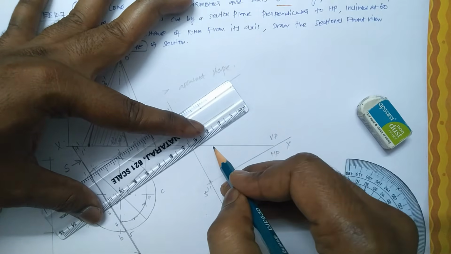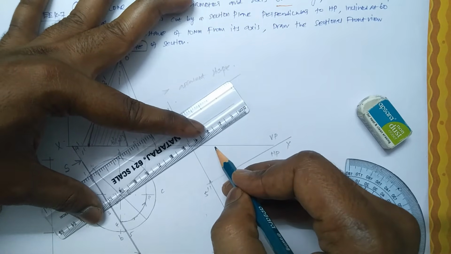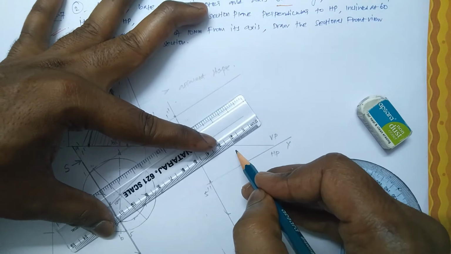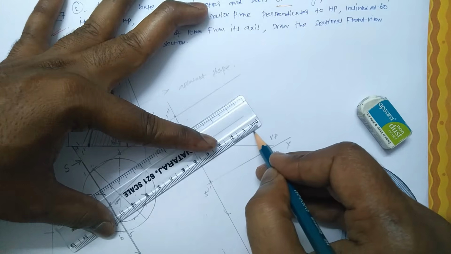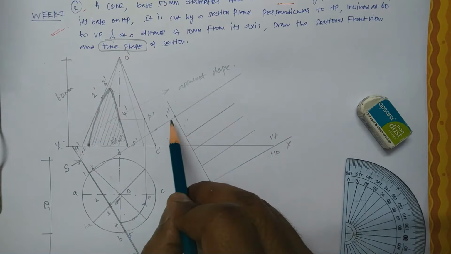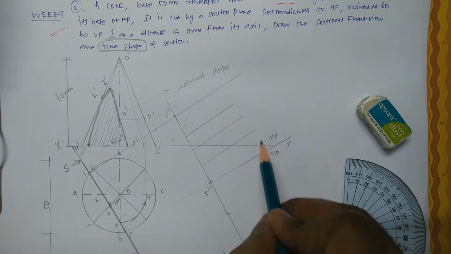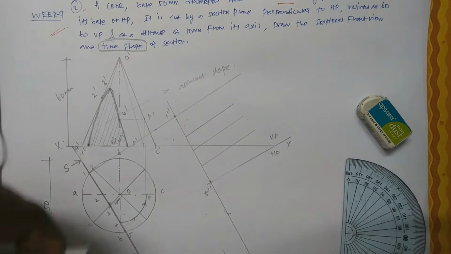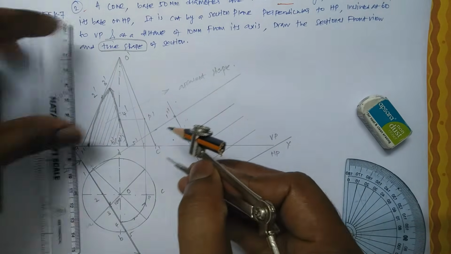Three, 4. So now the cutting we don't know exactly. So for that what we can do, you can measure the height which we have seen in the first vertical plane apparent shape. So here you see 1 is here, 2.